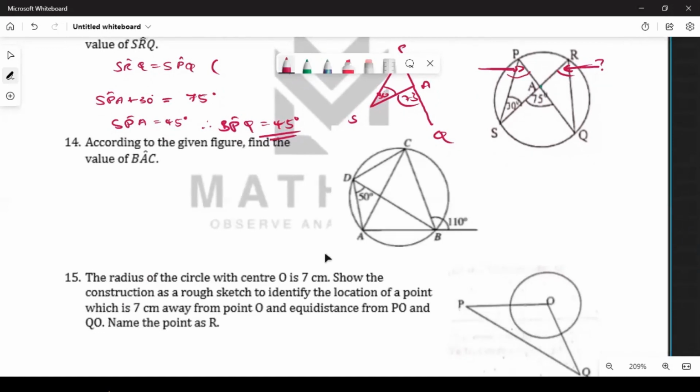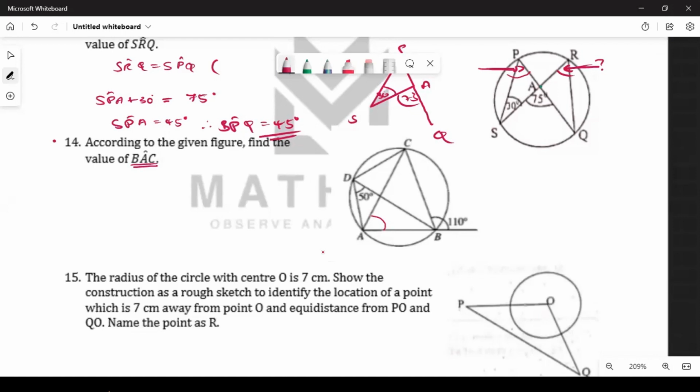According to the given figure, find the value of angle BAC. Right. So always remember, if it is a geometric question, try to identify the target. Here, angle BAC means they're talking about this. Geometric questions can trick you by making the figure complex. If you have an eye to remove unnecessary parts from the figure, you can easily identify.